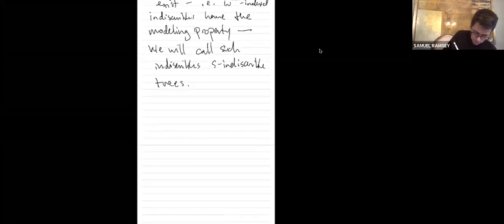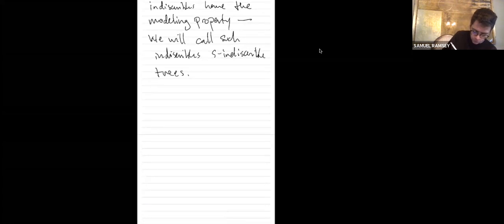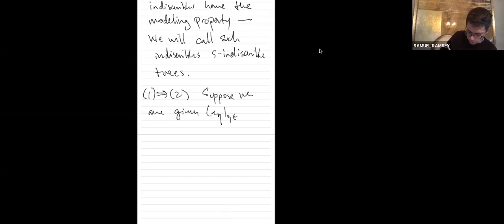Okay, so let's do the argument now. What we'll do now is we will do 1 implies 2. So suppose we are given our tree of tuples, a_eta for eta in omega to the less than alpha, phi_i(x; y_i) for i less than alpha, and k_i for i less than alpha.